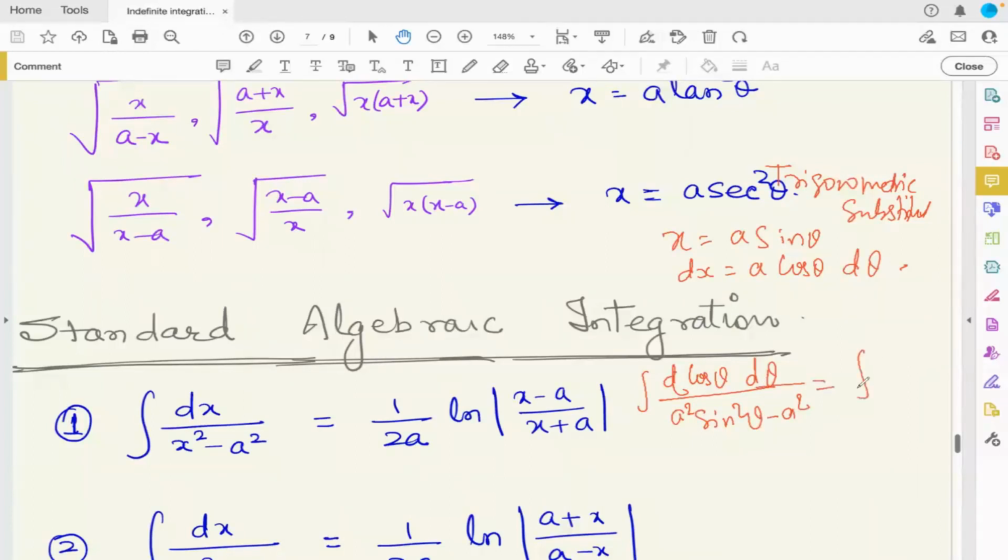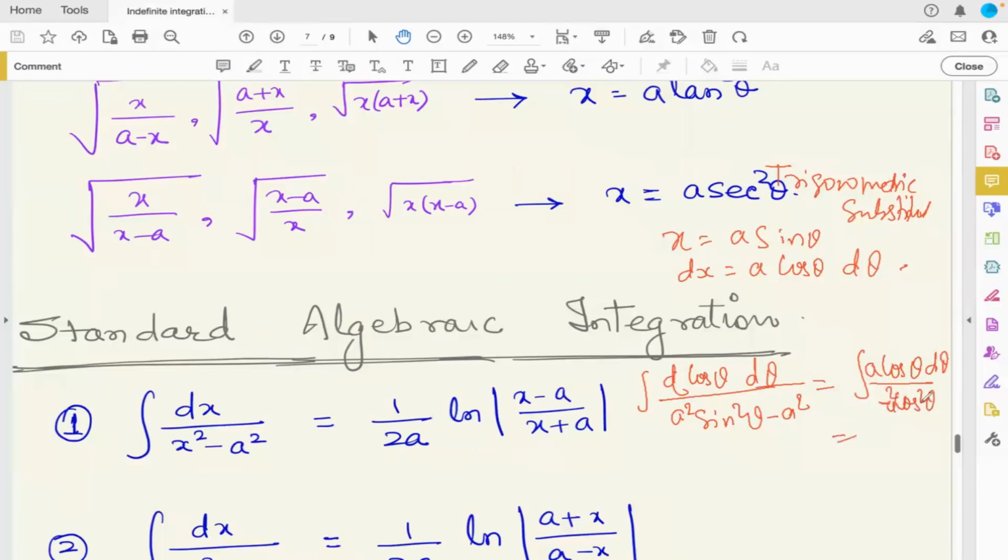So it will be a cos theta d theta over minus a square cos square theta.